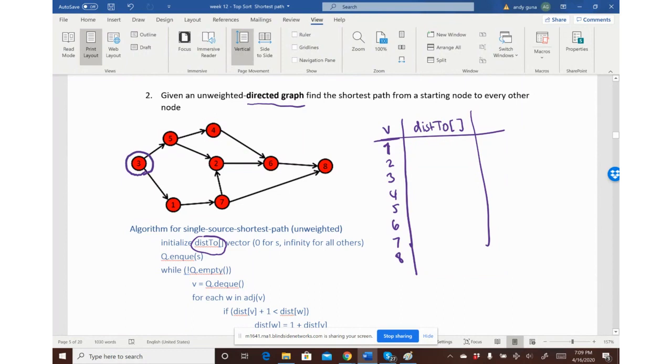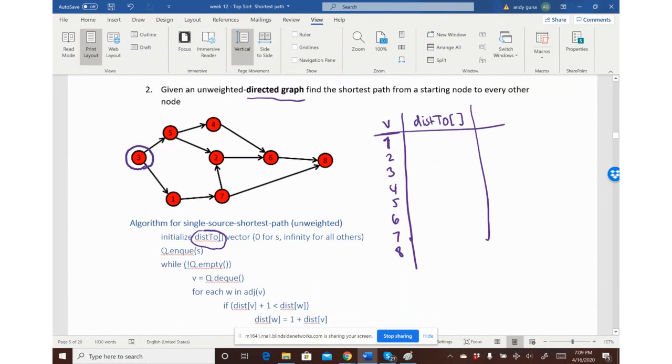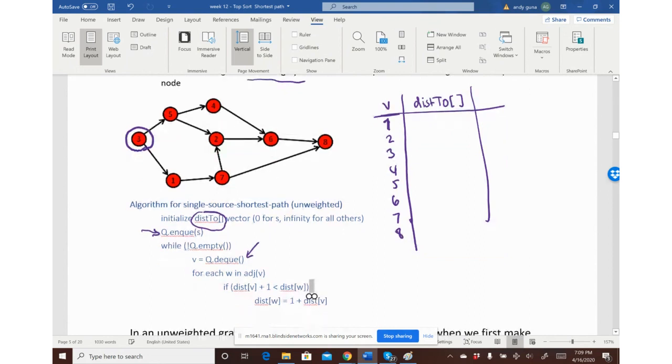Here's the algorithm. When you do BFS, as you recall, we use a queue. We enqueue the source vertex. Then we dequeue the first vertex in the queue, and we find all the things adjacent to that vertex V. We call them W. Here's how the process will start.